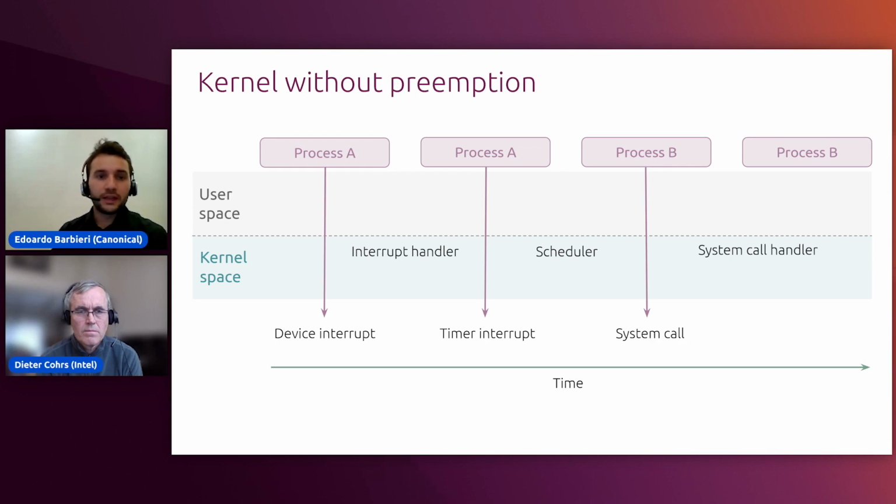The process will then resume execution in user mode, and each CPU model provides special instructions to switch from user mode to kernel mode and vice versa. So in this particular scenario, at this point, a process switch will take place and process B will start its execution in user mode.